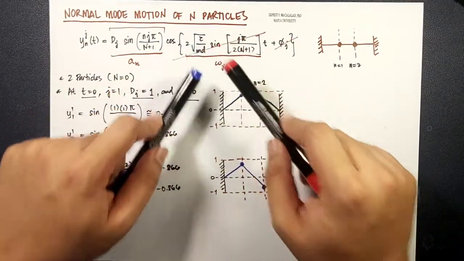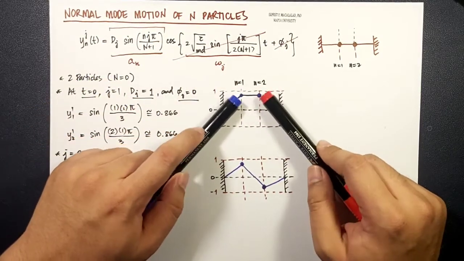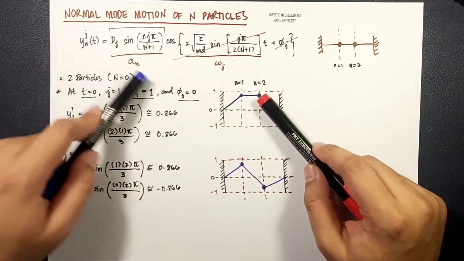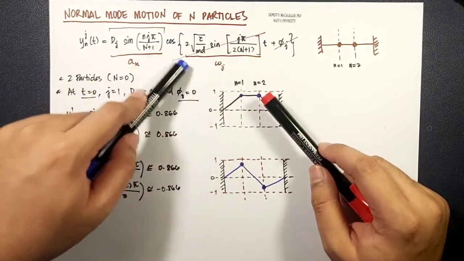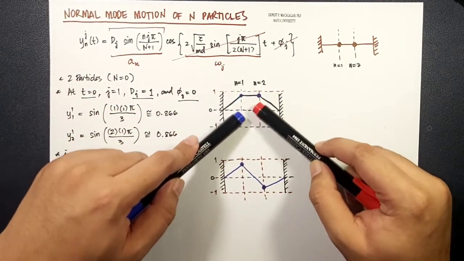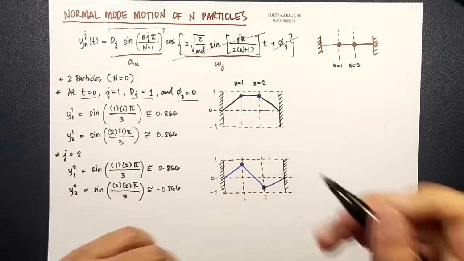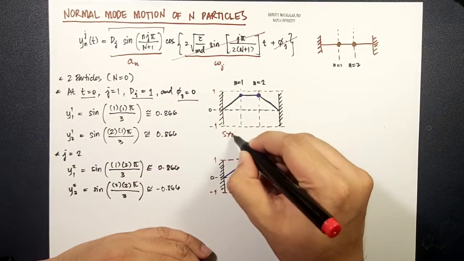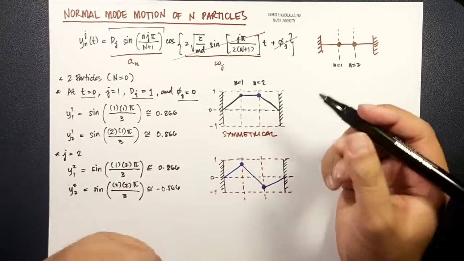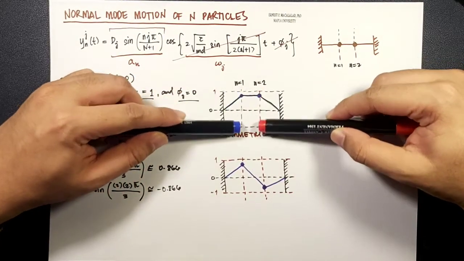At any given point in time, particle 1 and particle 2 will have the same vertical displacement. So as this oscillates and progresses, it will move like this. You will notice that this is actually a symmetrical mode.